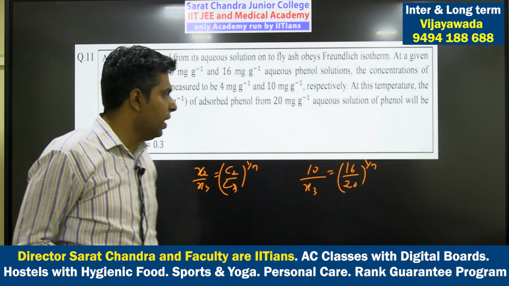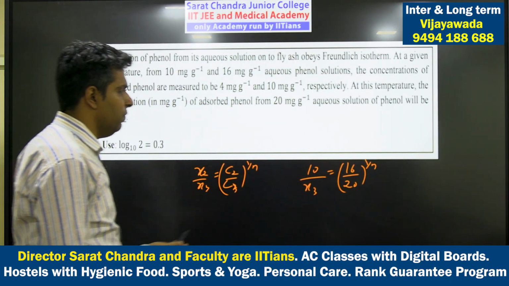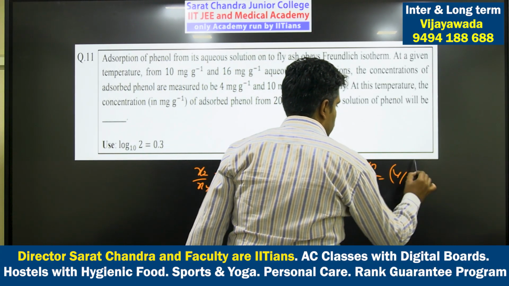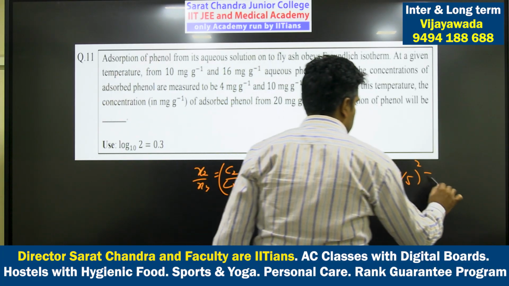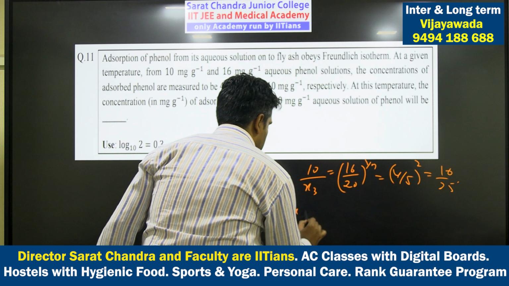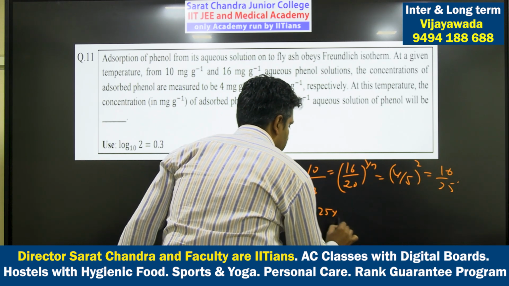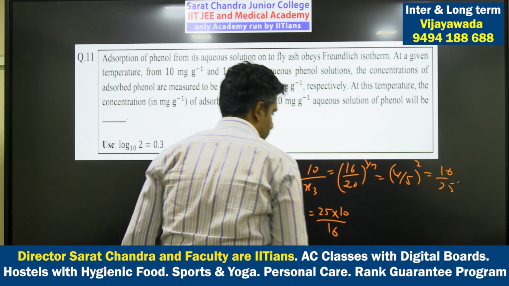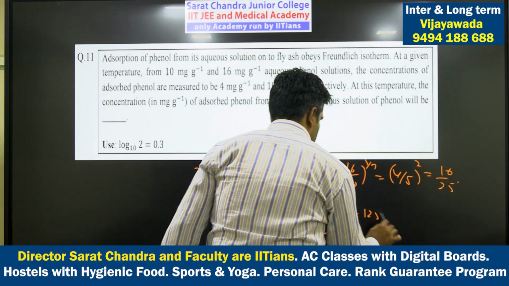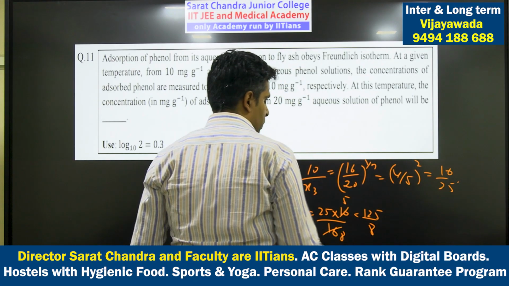So putting the value of N, N is 1 by 2, so 1 by N will be 2. So this will be 4 by 5 raised to power 2. That is 16 by 25. So X3 will come out to be 25 into 10 by 16. So 8 5s are 125 by 8.